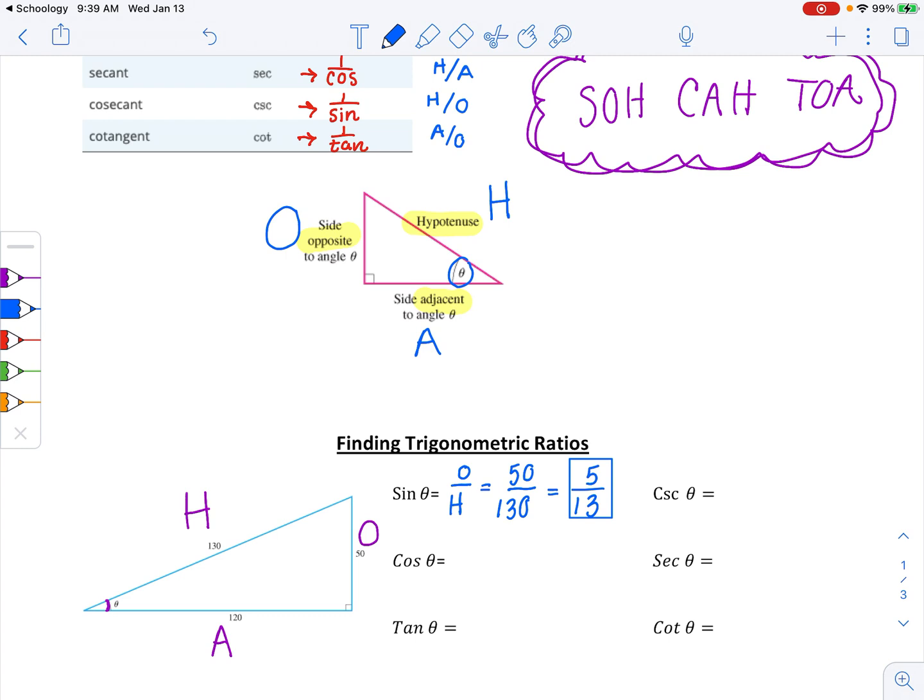Cosine, looking at SOHCAHTOA, is A over H. The side corresponding to A in my picture is 120. My hypotenuse is still 130. I simplify, 12 over 13.